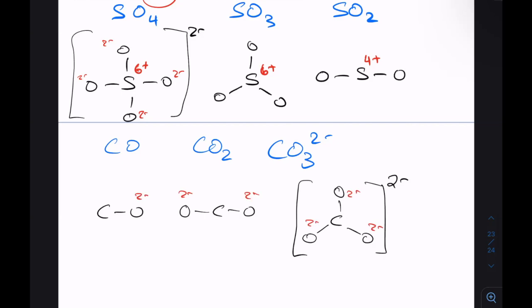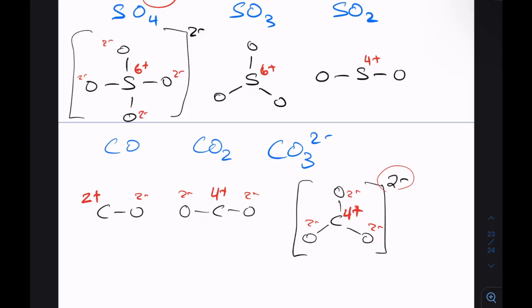So the oxidation number on carbon in carbon monoxide is 2+. Carbon dioxide, it's 4+. And in the carbonate ion, it is 4+ again, because it has to net out to 2-.